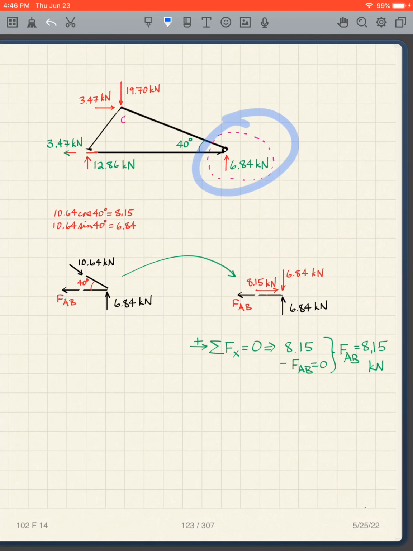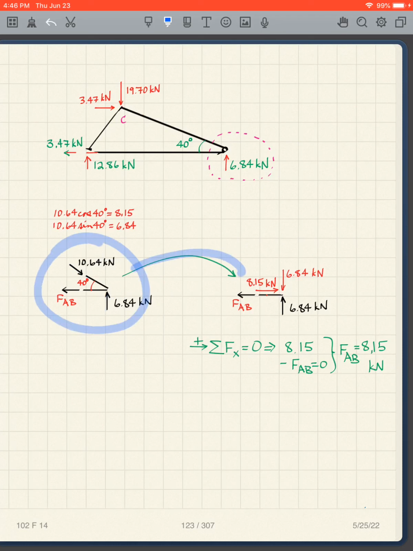And then we're going to evaluate point B here. I already know what this member force is because I just solved it. It's 10.64 compression. So if it's 10.64 compression, it's going to go like that, 10.64. This is my reaction, I know that. So I look at this and I convert it to that.